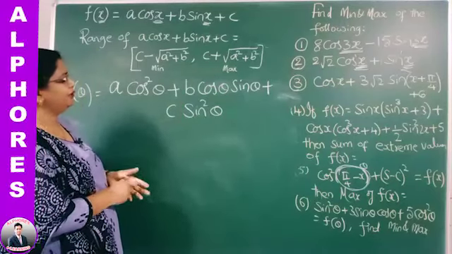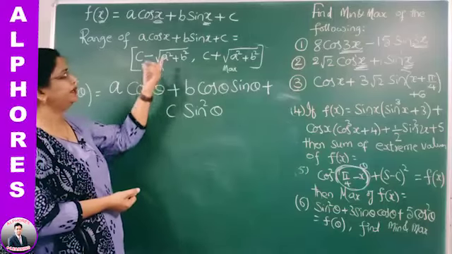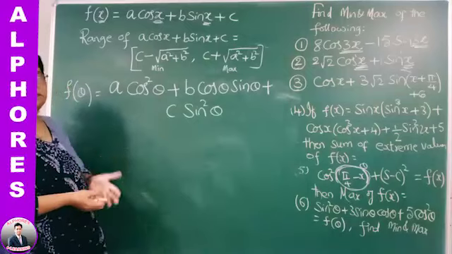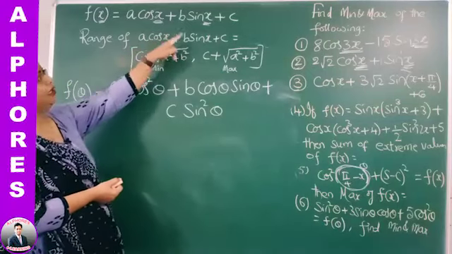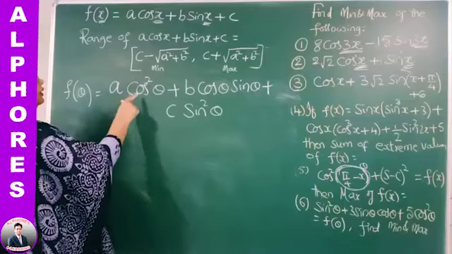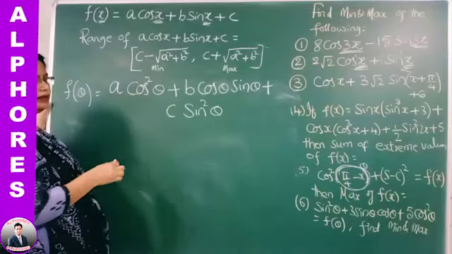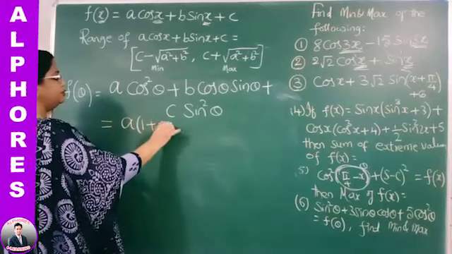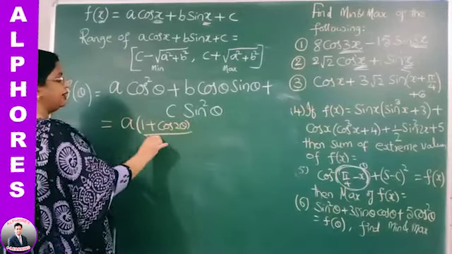Now I want to reduce this entire value in terms of the standard form. Then how can we reduce? That means first degree, as well as the angles, must be the same. Understand? So cos square theta you can write as 1 plus cos 2 theta whole divided by 2.